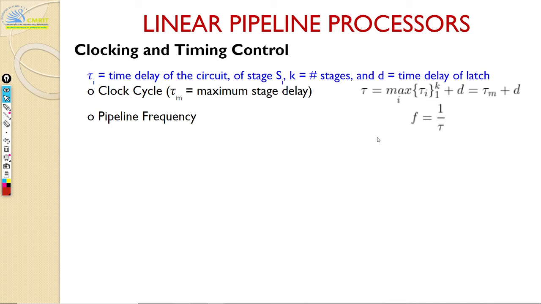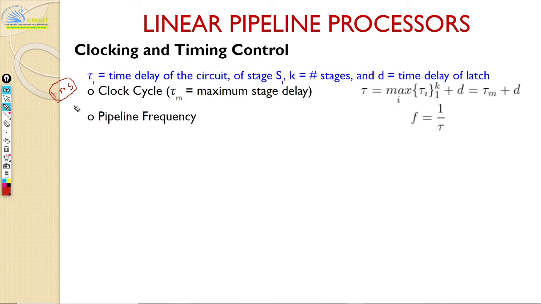What is going to be the best case throughput? Let us say we have a pipeline, and let us take 1 nanosecond to be the maximum stage delay.